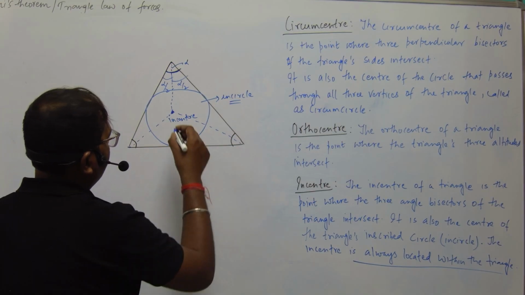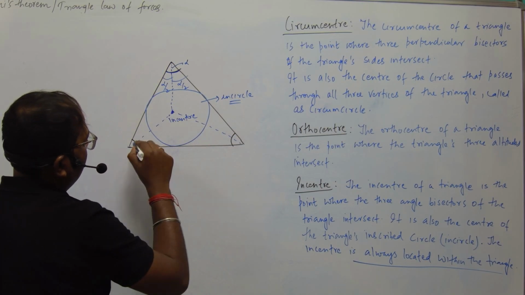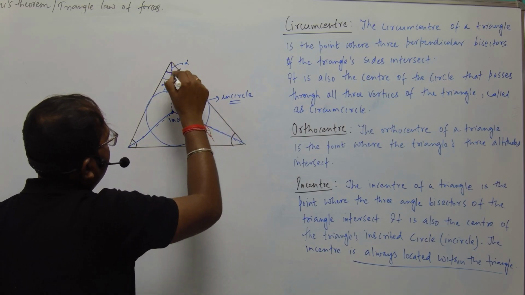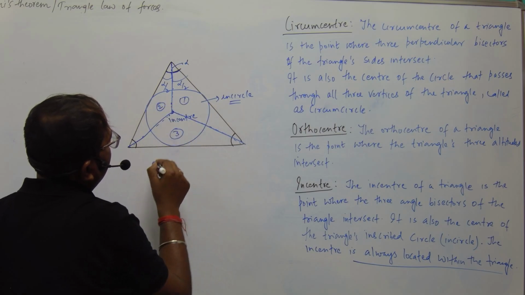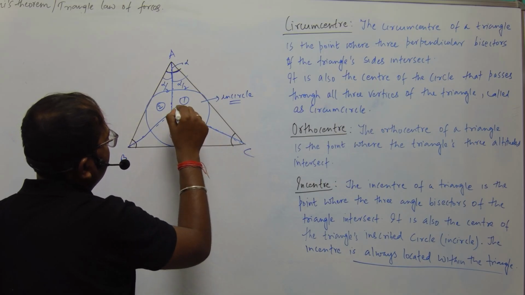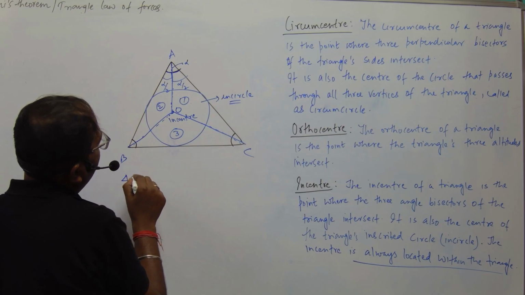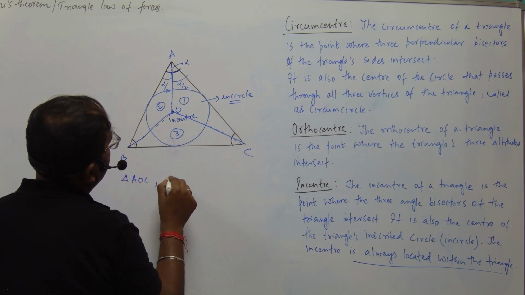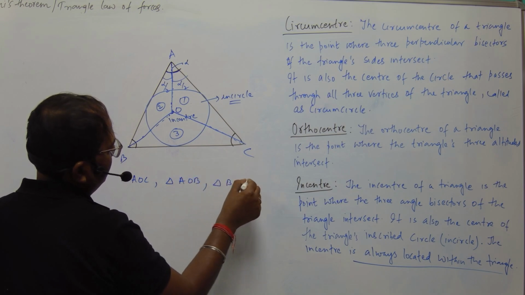Once we draw the incenter, there are three triangles: this is the first one, this is the second one, and this is the third one. Let us name this A, B, and C, and this is O. The first is triangle AOC, the second is triangle AOB, and the third is triangle BOC.